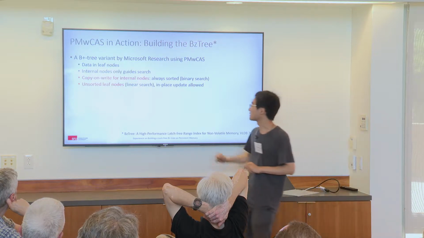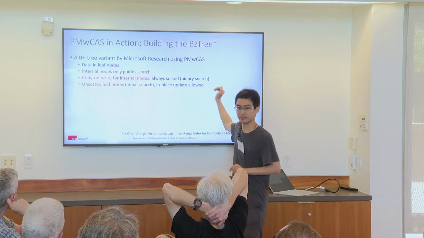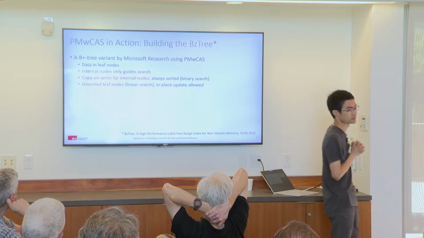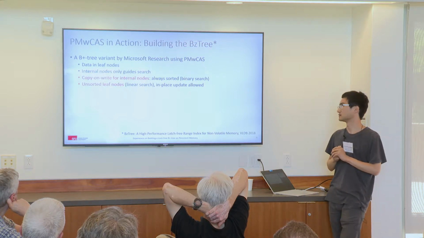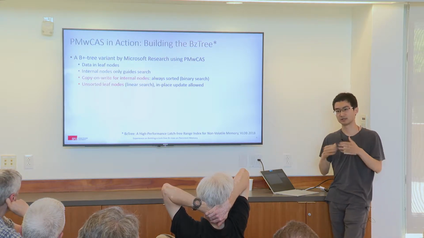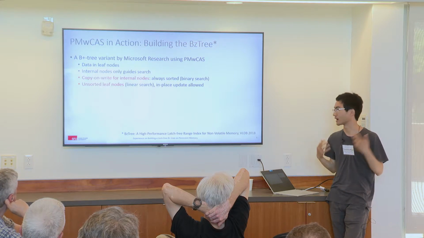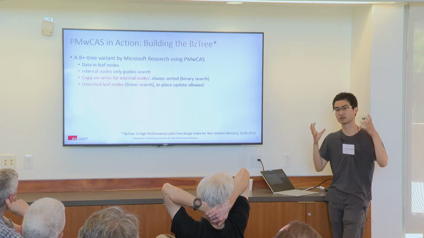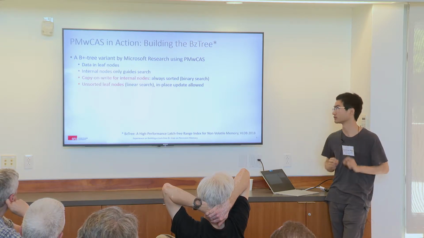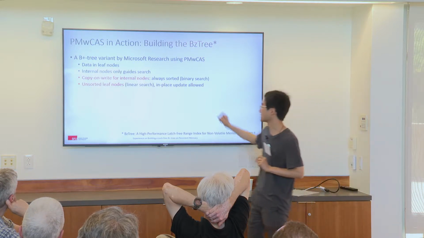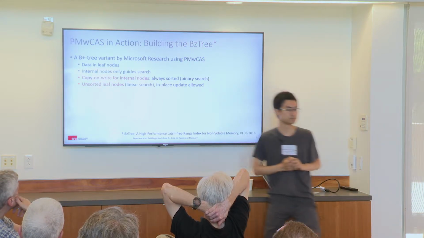But for leaf nodes here, they actually allow in-place updates. The reason they want to do this is because we can quickly absorb more inserts at the leaf level, which is something that will happen often. But the internal nodes are modified relatively less frequently. So that's why they want to keep them sorted, but make them copy on write.